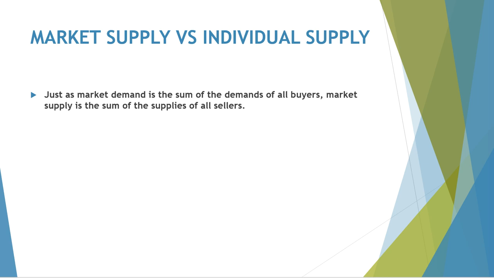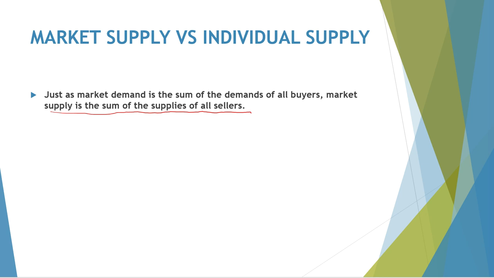They combine the individual supplier of Pantene, the individual supplier of Rejoice, the individual supplier of Head and Shoulders, and the individual supplier of Shiseido shampoo, and that produces the market supply. It is the same as market demand. Market demand is the sum of the demand of all buyers. Market supply is the sum of the supply of all sellers.